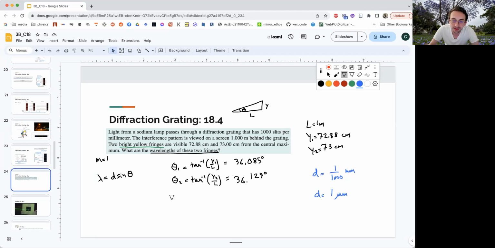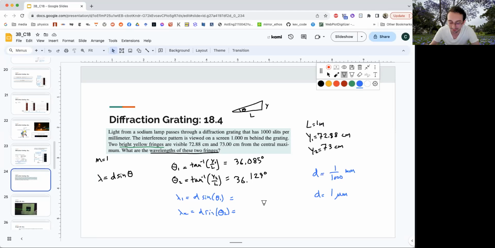Okay, so now we can find our lambda 1 by just doing this d, which is 1 micrometer, times sine of theta 1. And similarly, we can find lambda 2 by doing d sine of theta 2. And I just happened to write these down earlier in terms of degrees, but you could do this all in terms of radians.